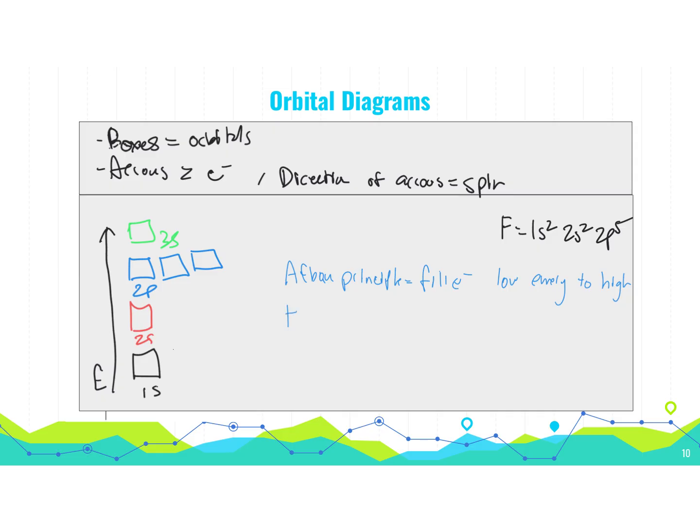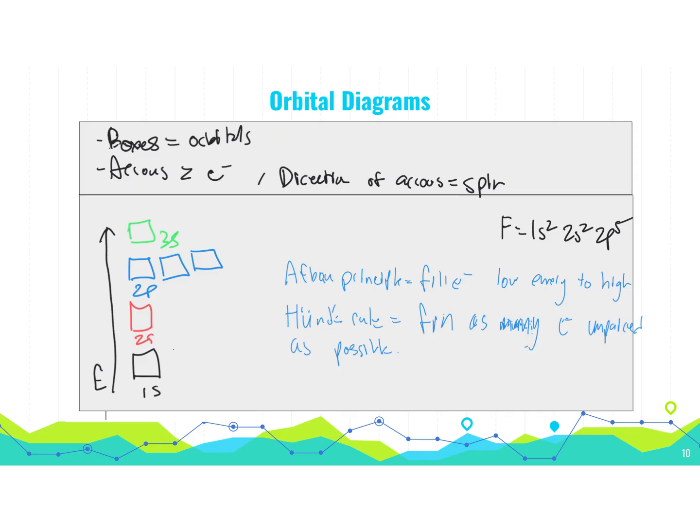The other one is Hund's rule, which says that you fill as many electrons unpaired as possible. And so you start filling these orbitals with only one electron before you start throwing another electron in that same orbital.